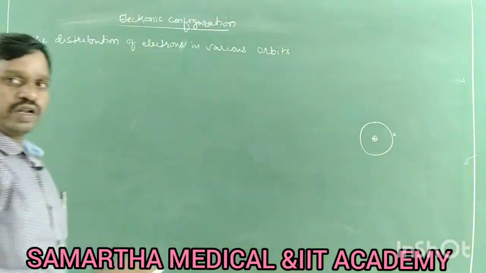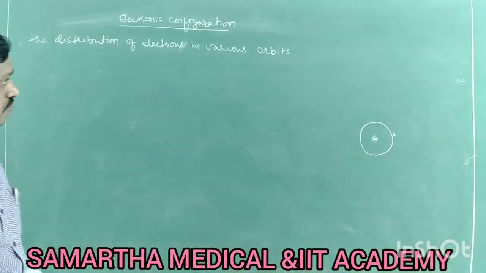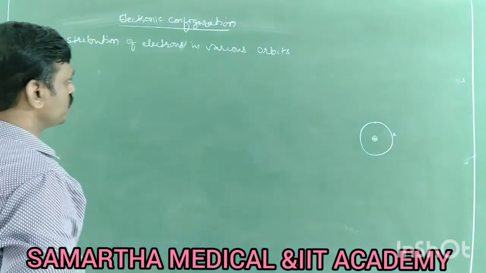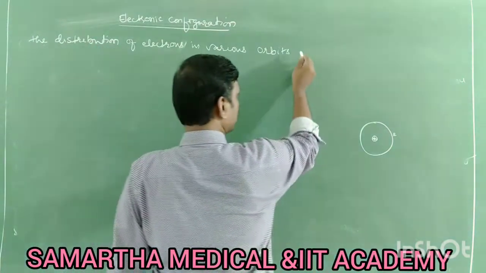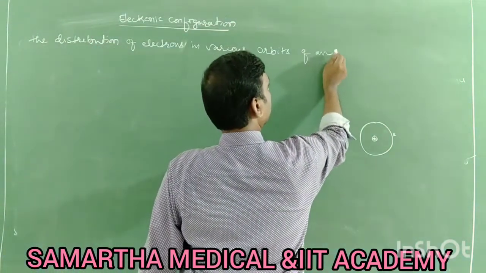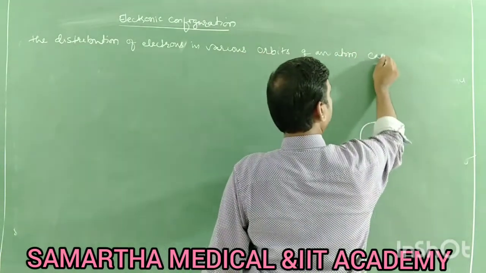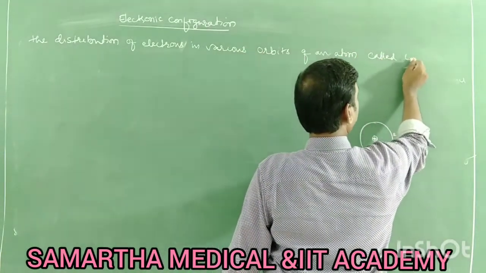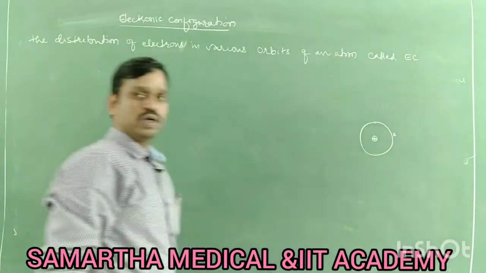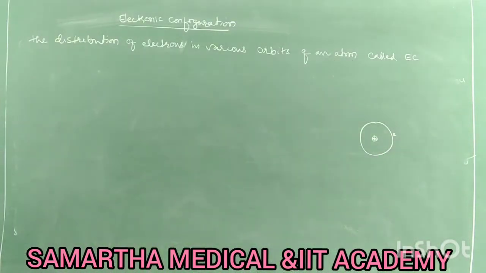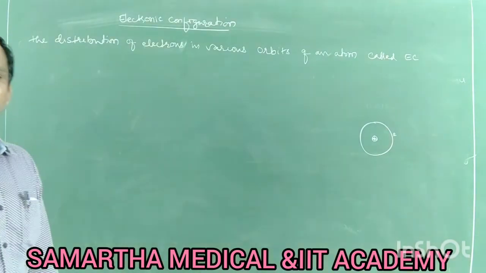What is the difference between orbit and orbital? We will study that later. In electronic configuration, we study how electrons are distributed in various orbitals.